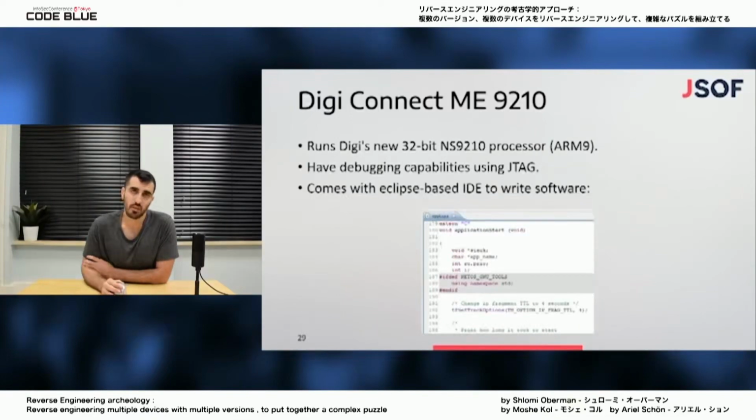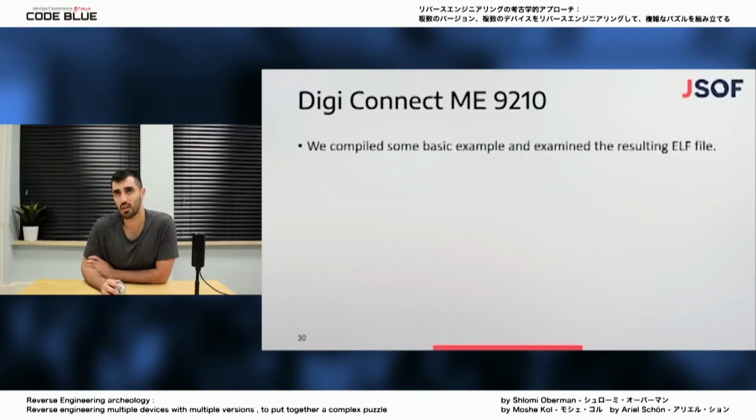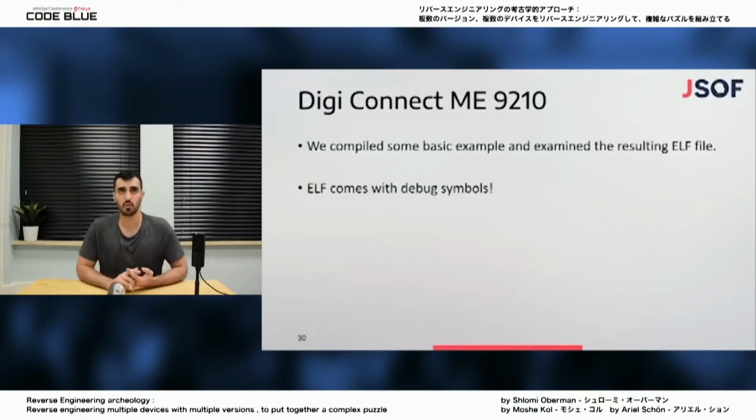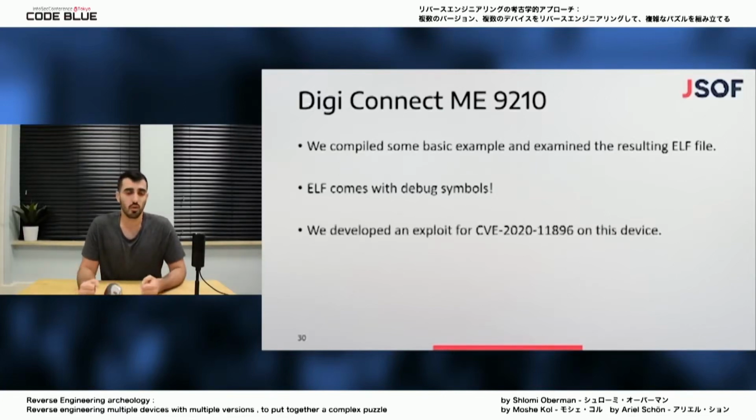So we compiled a simple software, extracted the ELF file, the result file, and we found that the ELF file comes with debug symbols. So we now have function names, names of global variables, some structure definitions, and offsets. This really helped us gain more information regarding the Trek TCP/IP stack. We also developed an exploit for the previously found vulnerability, the vulnerability that we found in the demo.